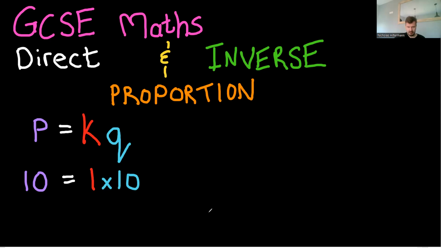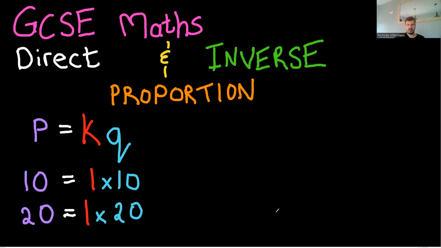Yes. But if P was doubled and K was the same, because K is usually the constant that we have to find, and K remained the same, then Q would be 20. That's right, exactly. So if one's doubled, the other's doubled.